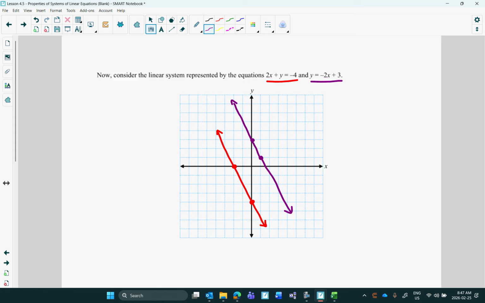What can you tell me about those two lines? They're parallel, okay? And what's the solution? There is none, because they don't cross. So exactly, no solution, because they're parallel.